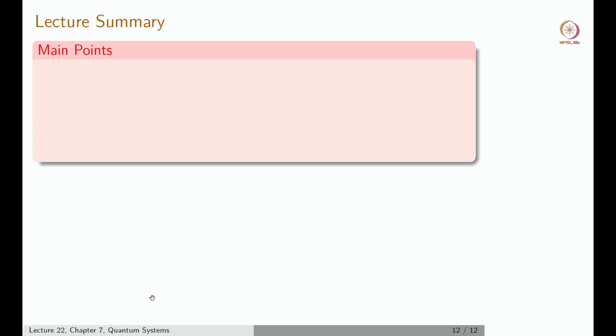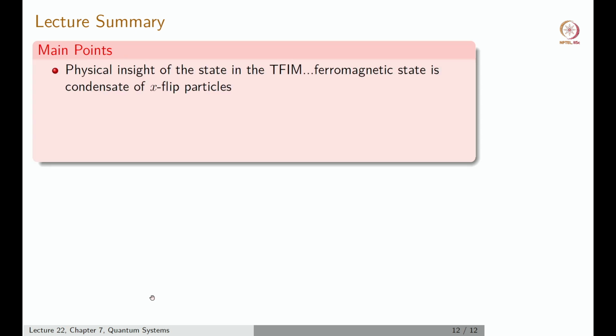Okay, so let me summarize this lecture. The main insights that drove us to look for some particle-like description of the transverse field Ising model was to imagine the x-flip states in the paramagnetic side and try to see what the ferromagnetic state is in terms of that, and we realized it's a condensate.